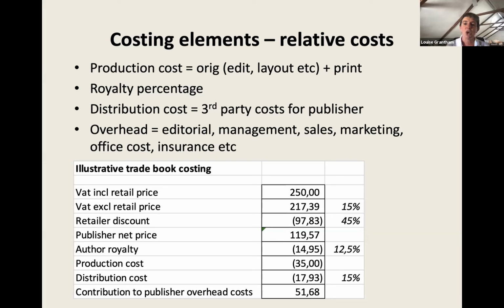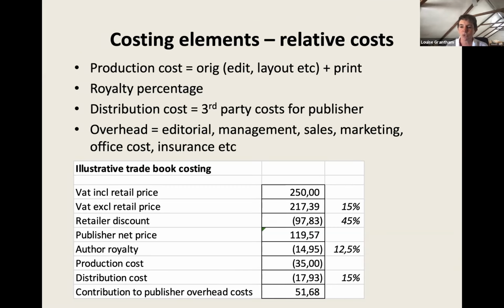So for a book that's going to retail at 250 Rand, the publisher is going to invoice the retailer 119 Rand 57. So that's the income to the publisher. That's what the publisher would consider the sale price of the book. Then we have an author royalty, which I've put at 12.5%, but of course this varies depending on the book again.